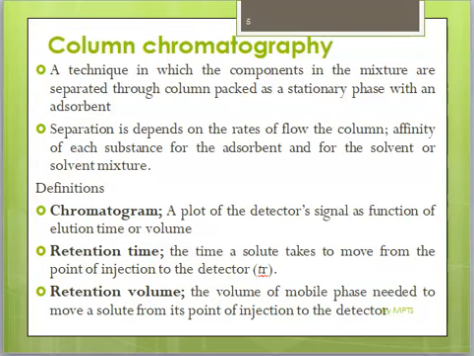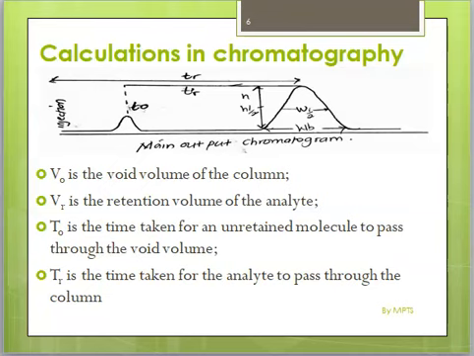Let me define some simple terms in chromatography, like chromatogram. This is a plot at the end of the chromatography. We also have the retention time, the time it takes a solute to move from the point of injection to the detector, and retention volume. This is the chromatogram I'm talking about.